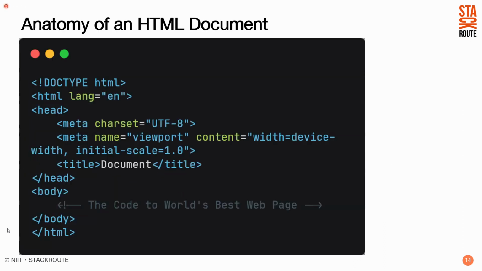Now, the structure of an HTML document, a simple hello world, like a hello world Java program. This is a sample demo of an HTML document. Don't worry, everything will be automatically included when you are using a tool like Visual Studio Code.